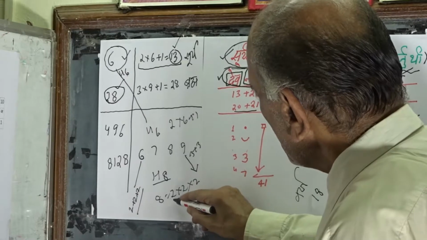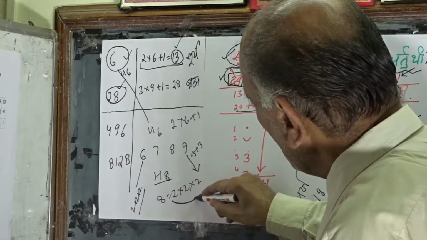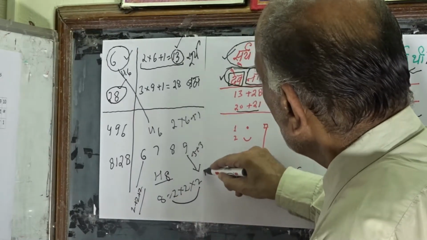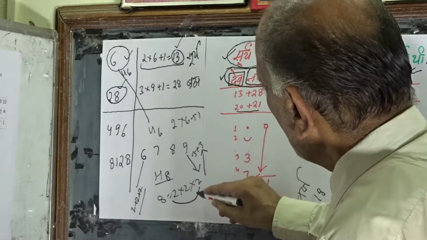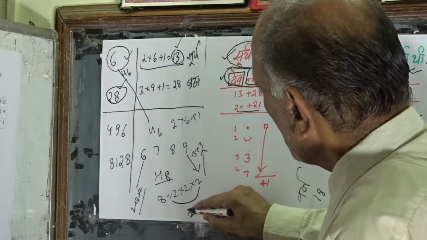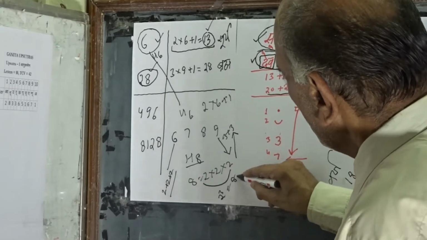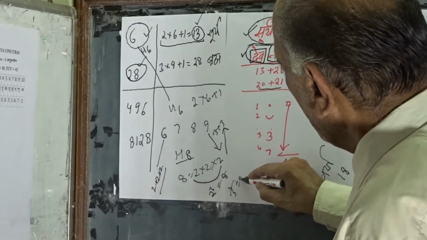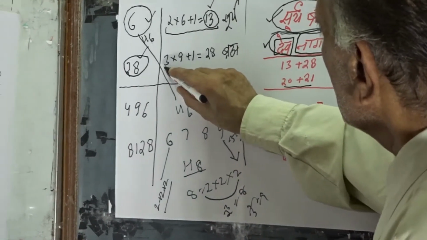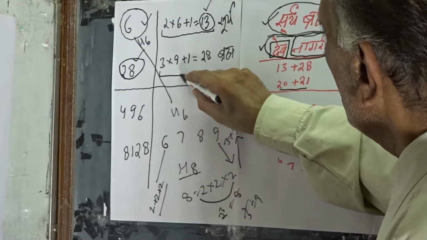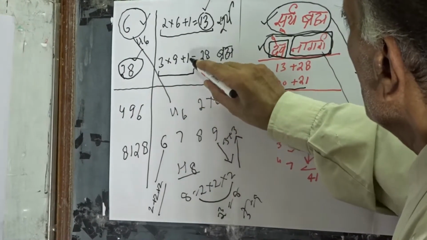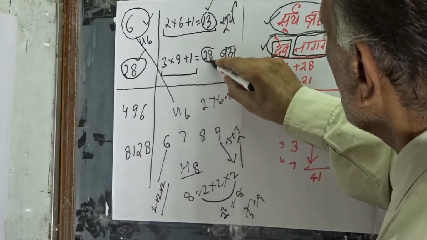As such, it is going to be a transition from the spatial to a solid, but in the reverse order, as 2 raised per 3 is 8, but 3 raised per 2 is a 9. It is this way that value 28 with its organization 3 into 9 plus 1 is equal to 28.